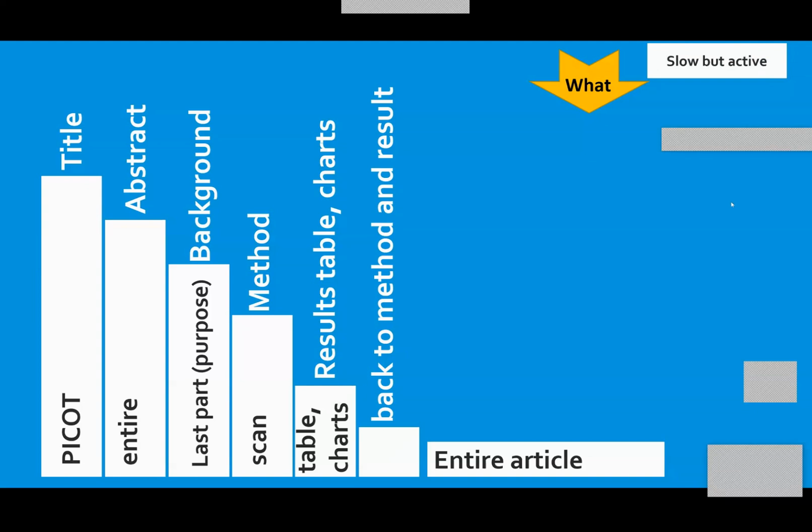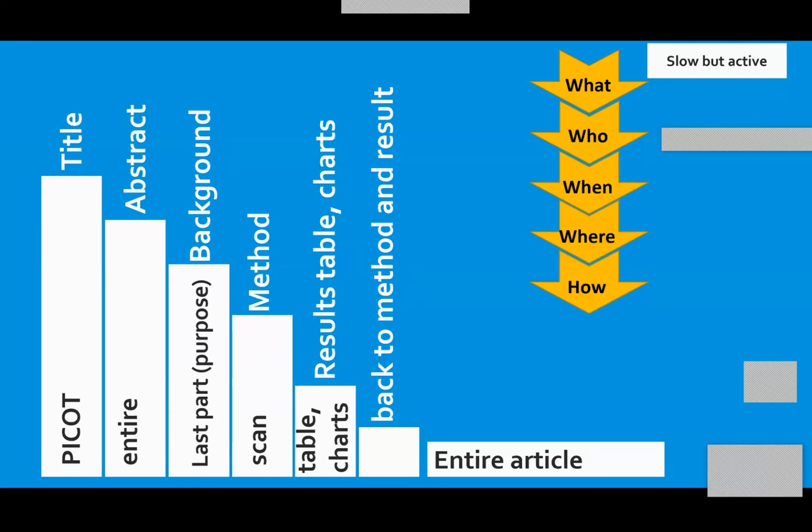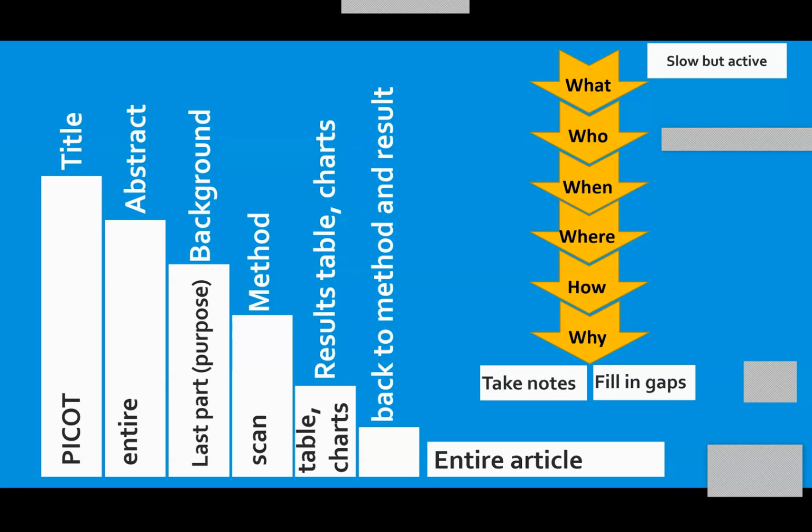You ask what, who, when, where, how, and why. And when you do that, you need to fill the gap, the question that you are answering, and take notes. And you look up any words or paragraphs you don't understand, probably you need to search it.